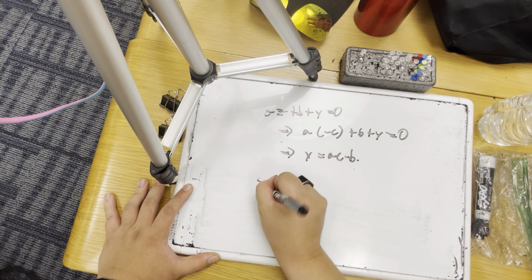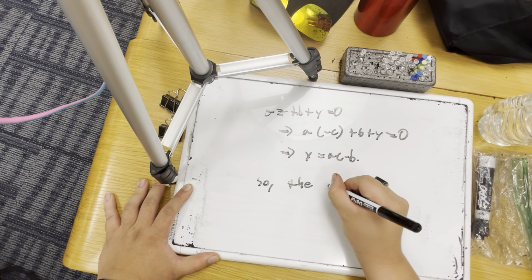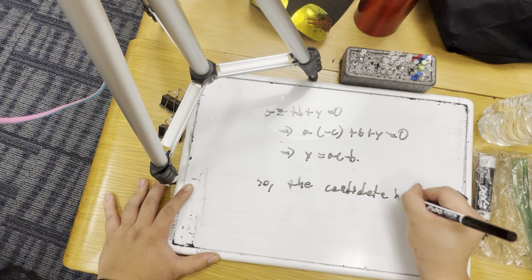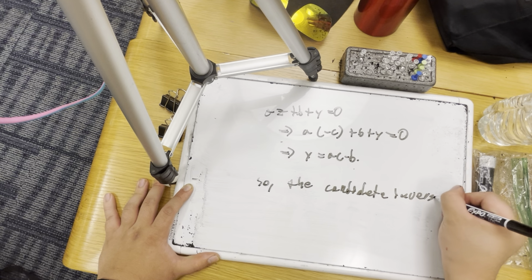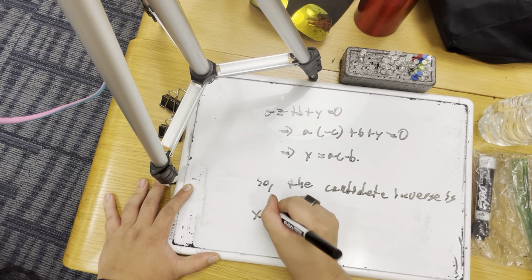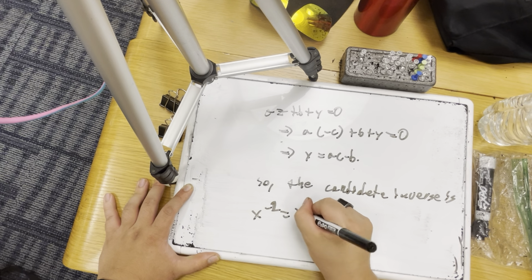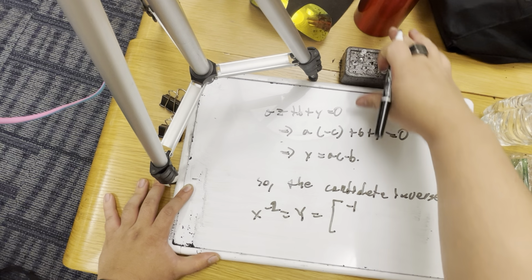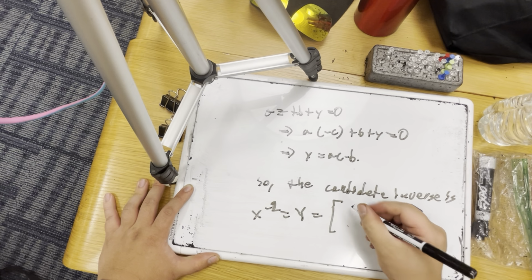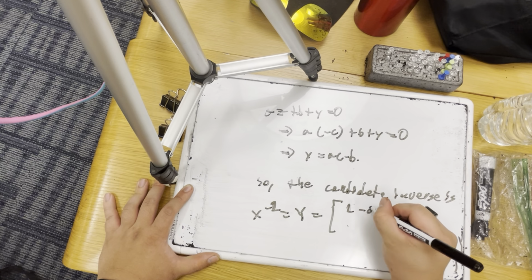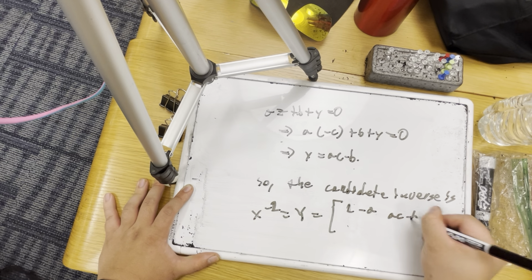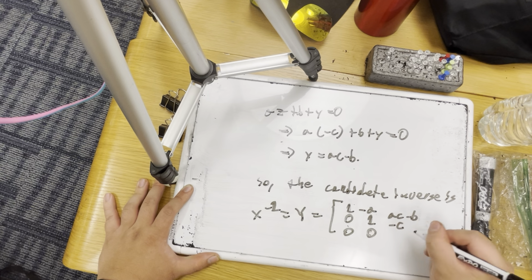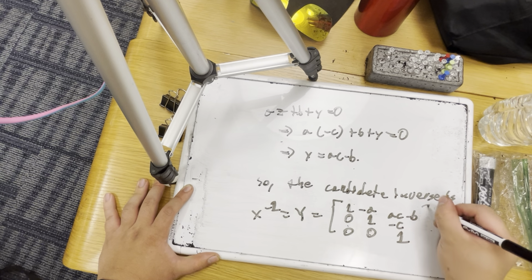So the candidate inverse then, the inverse of x, is equal to 1, negative a, ac minus b, 0, 1, negative c, 0, 0, 1, right?